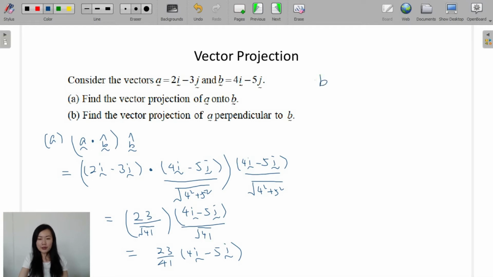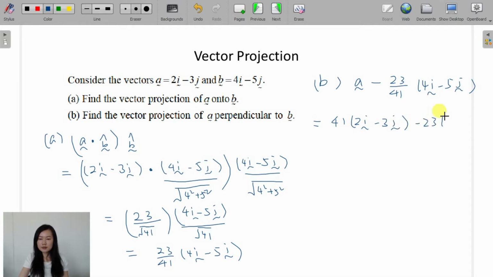And part B, very simple. It will just be A minus this. Okay, and then just a matter of making it one fraction, over 41.